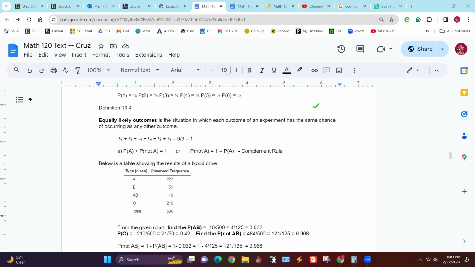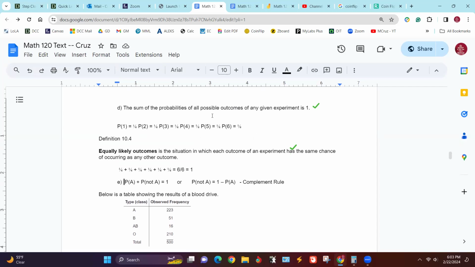Okay, and there was one more thing here. This complement rule, and this is really the same complement rule from back in chapter 2. I probably ought to write that out, because see how it says up here where we said the sum of all probabilities of any given experiment is 1.